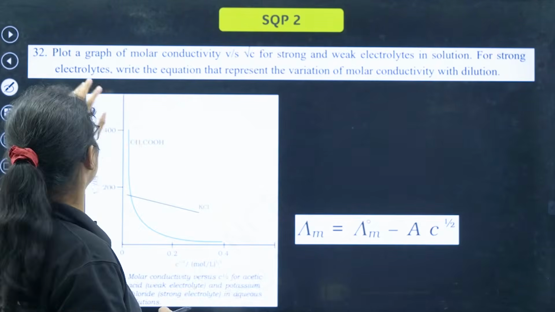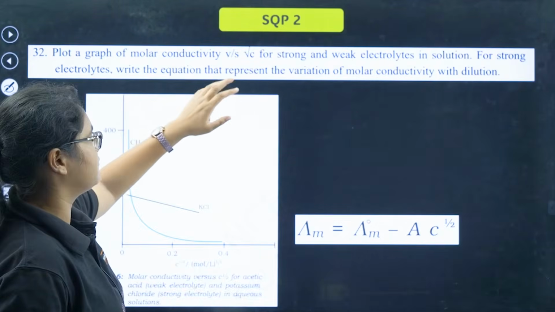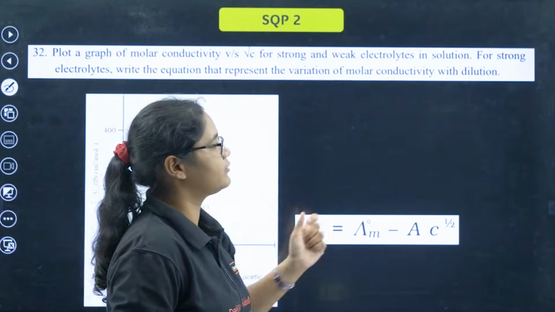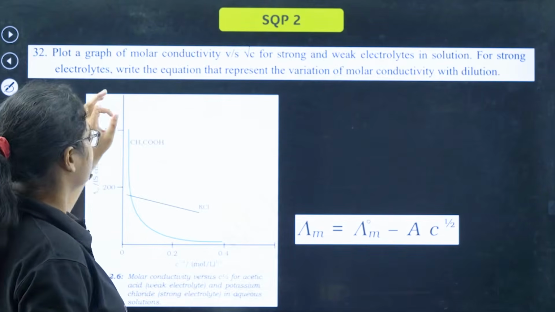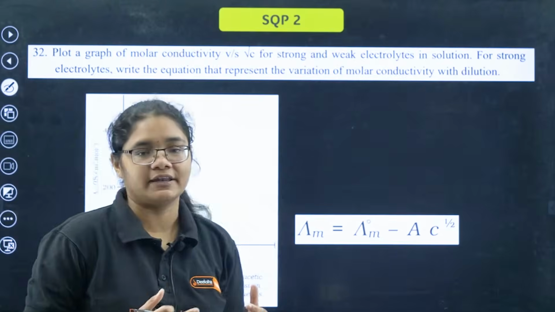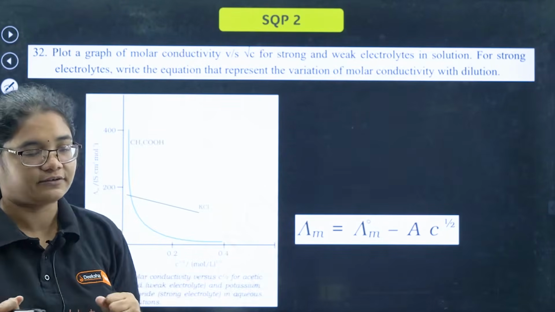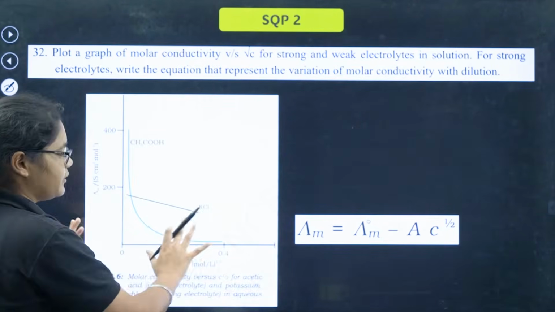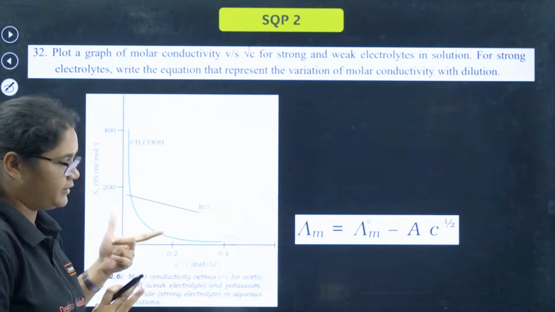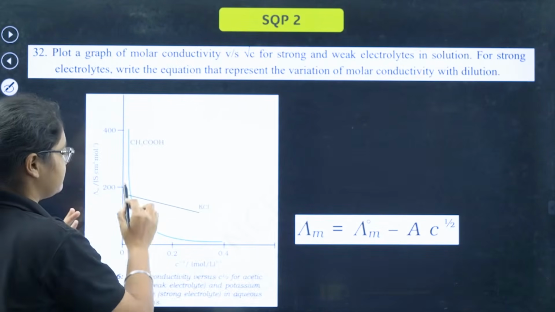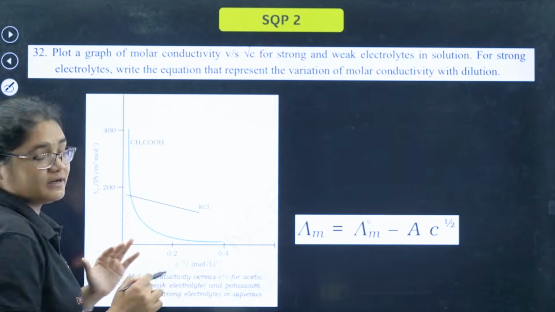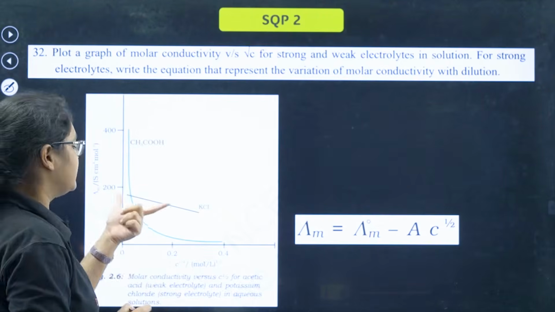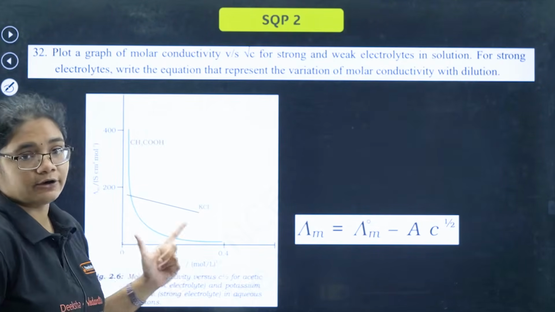Here the question was, plot a graph of molar conductivity versus root over C for strong and weak electrolytes in the solution. For strong electrolytes, write the equation that represents the variation of molar conductivity with concentration. So this is the graph for strong electrolyte and weak electrolyte from NCERT I have taken. You can draw this. So you should know that in weak electrolyte, the increase in molar conductivity will be much more than the increase in molar conductivity of strong electrolytes.